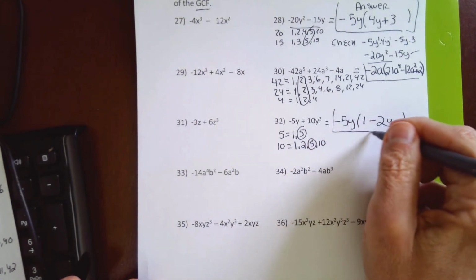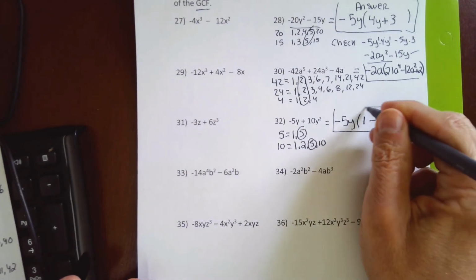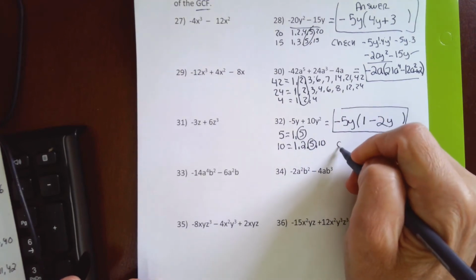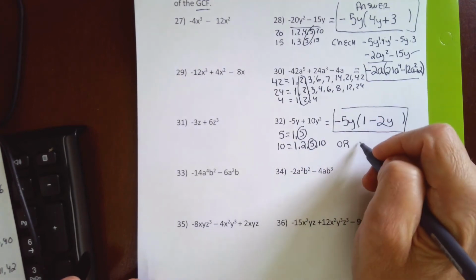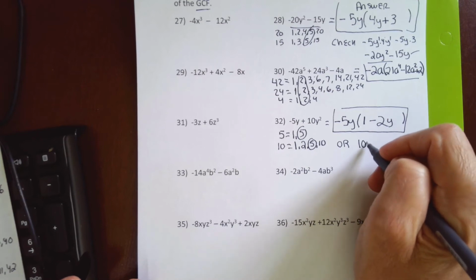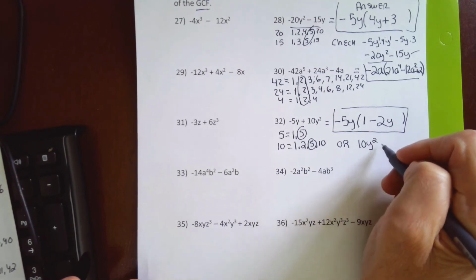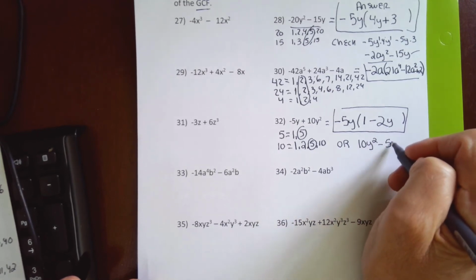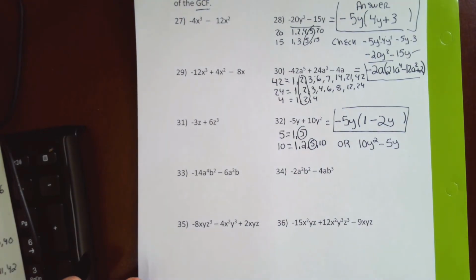This is a completely good answer. If you took the time to rewrite this, if you said, oh, I don't like that it's written in an improper order, if you wrote it like this, 10y squared minus 5y, then you wouldn't factor out a negative. You wouldn't factor out the opposite of the GCF. I generally only factor out the opposite of the GCF if the first term is negative.